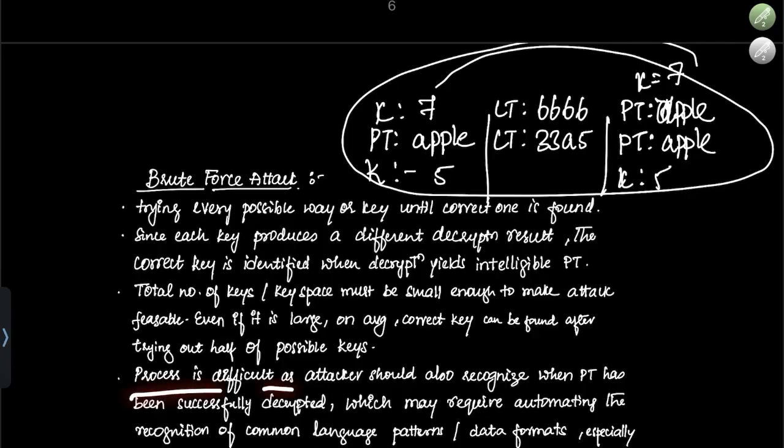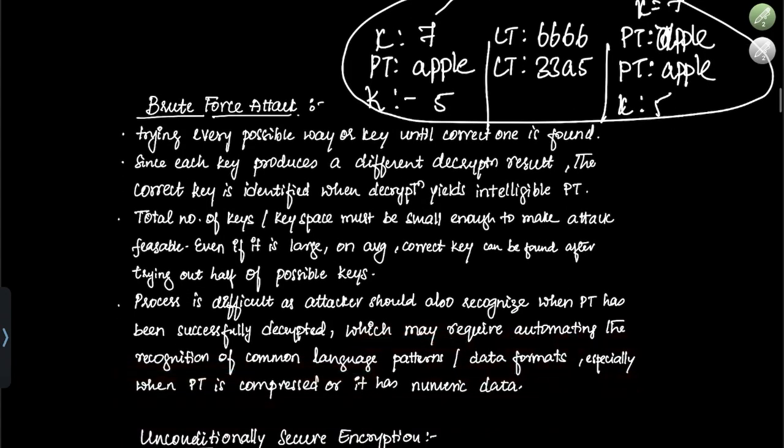The process is a little difficult, as the attacker must also recognize when the plain text has been successfully decrypted, which may require automating the recognition of common language patterns and data formats, especially when the plain text is compressed or has numeric data. For numeric or compressed data, it becomes very difficult for the attacker to understand, right?